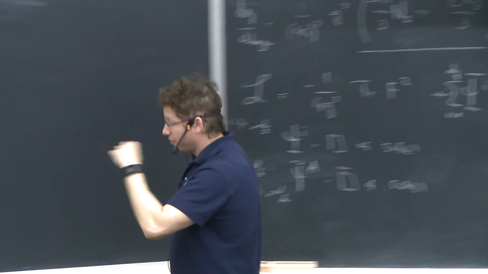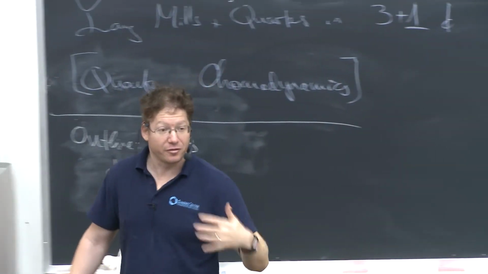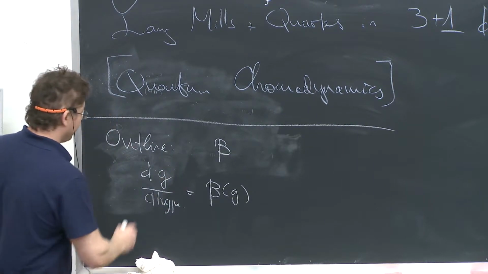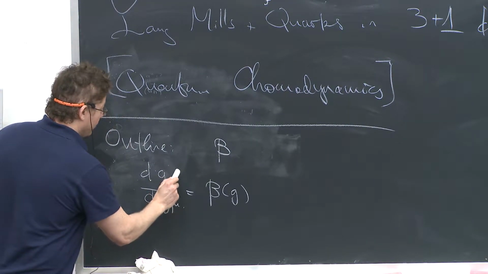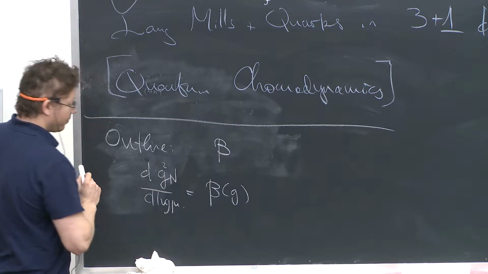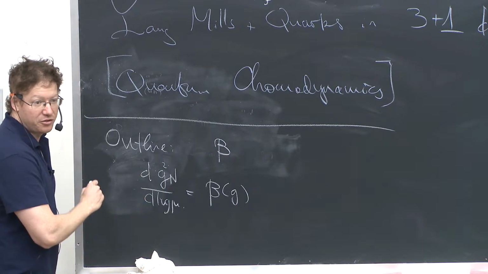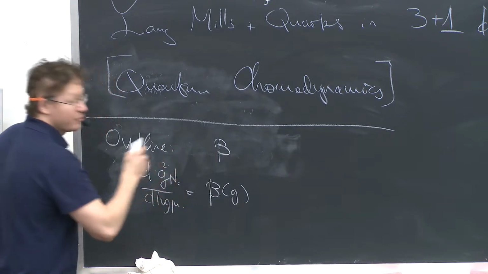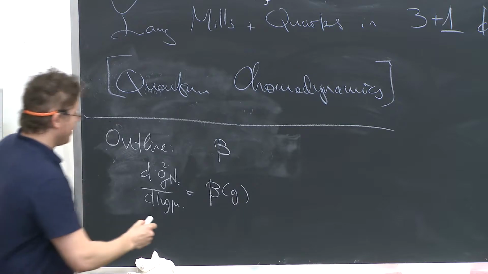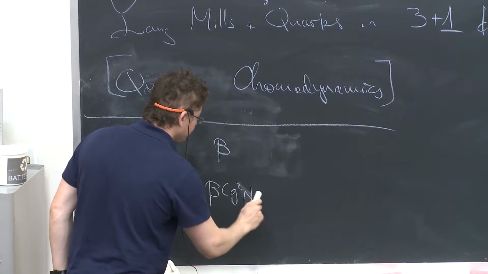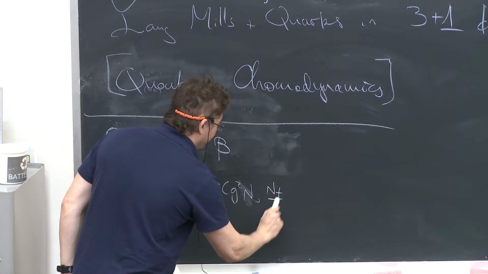So there is an argument from counting factors of N_f and N_c in diagrams that implies the following. It implies that if you turn this g into g squared, so you just do some little changes of variables, multiplied by N_c, let's say, it doesn't matter which N in the Veneziano limit, then this is a function only of g squared N and N_f over N_c.